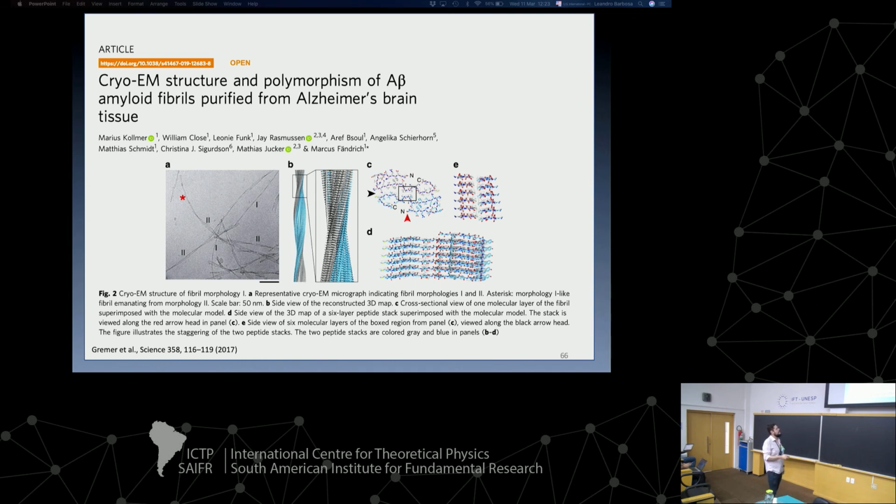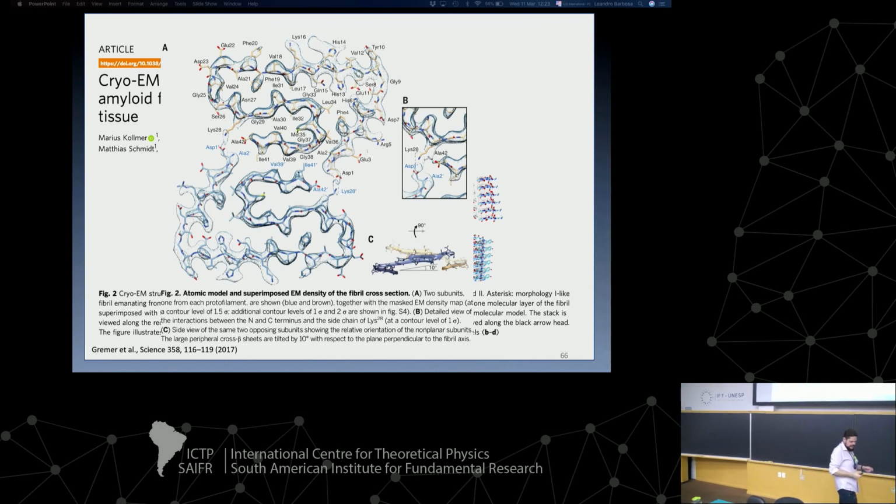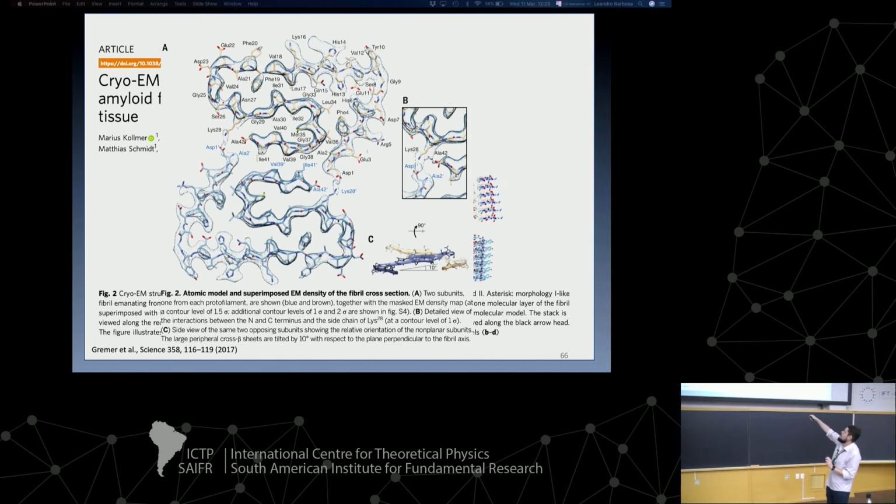They use cryo-EM to get this kind of information. And here, after doing all of those reconstructions, they were able to see exactly where each of the residues of these peptides, these proteins, was, and also to elucidate who is interacting with whom here inside to see how you can have this cross-beta structure.